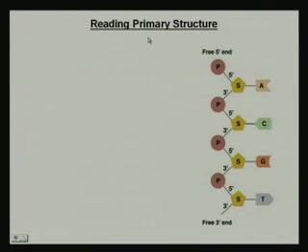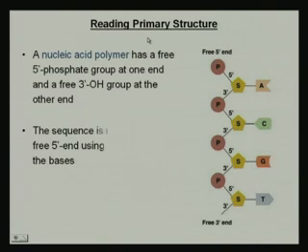I think if I show you in a little elaborate way, say this is the sugar moiety, this is the third carbon, this is the fifth carbon of the sugar, and the first carbon is the nitrogenous base. To this fifth carbon a phosphate group is attached.